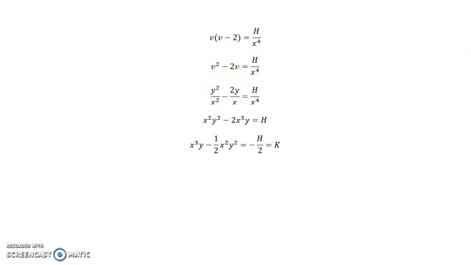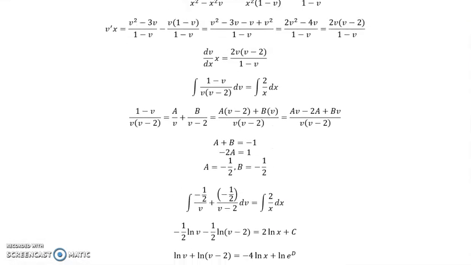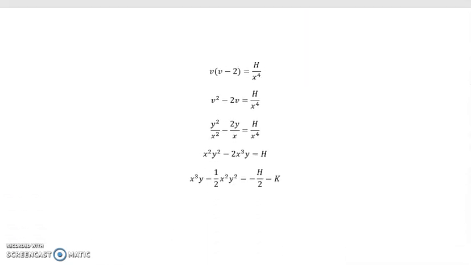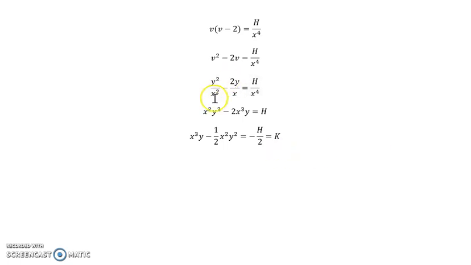And then back when we introduced our substitution, we said we were going to need this part later. Here we're going to substitute back in our y over x. So v squared becomes y squared over x squared, and 2v becomes -2 times y over x.